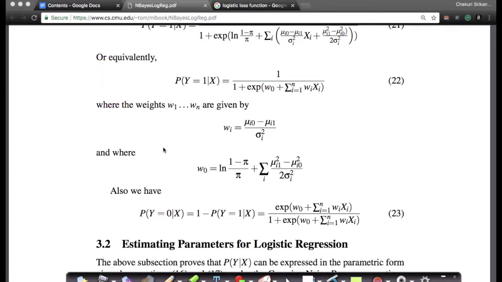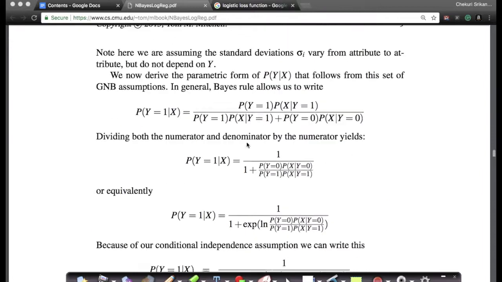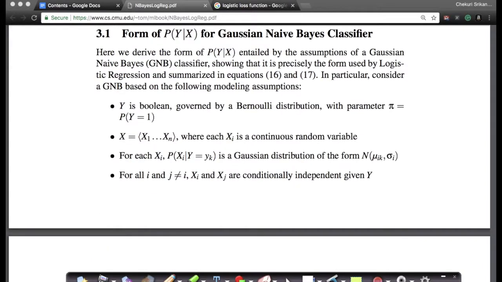So you can arrive at logistic regression very, very easily by just making these simple assumptions. So if you want to think about it from a probabilistic standpoint, your logistic regression is equivalent to Gaussian naive Bayes plus Bernoulli class labels. So your logistic regression is a combination of these two.